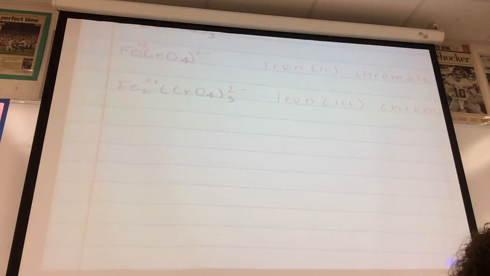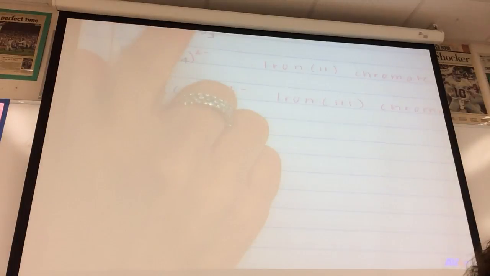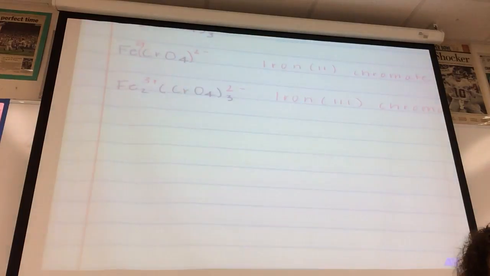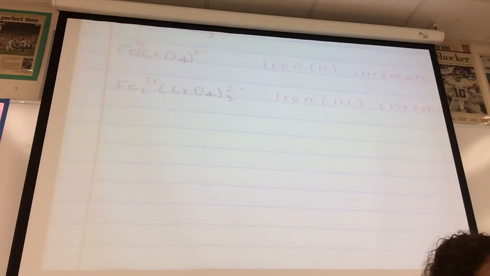We know how to go from a compound that contains a polyatomic ion to the name, and now we want to go backward. We want to go from the name to the chemical formula when you have a polyatomic ion. Same steps you followed previously with one trick.